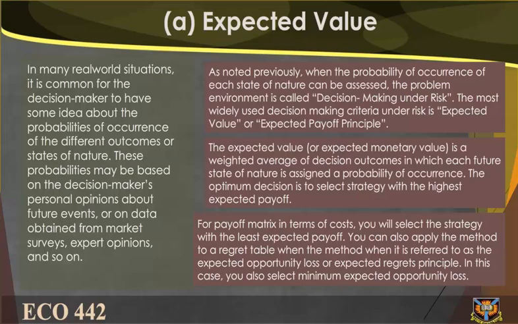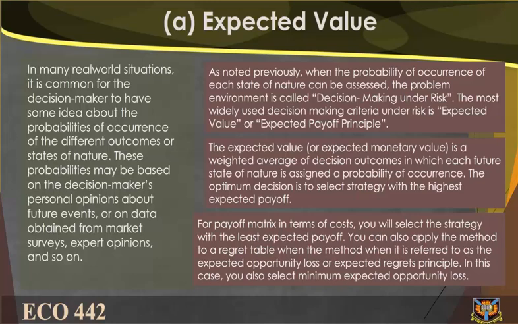As noted previously, when the probability of occurrence of each state of nature can be assessed, the problem environment is called decision-making under risk. The most widely used decision-making criterion under risk is the expected value or expected payoff principle.